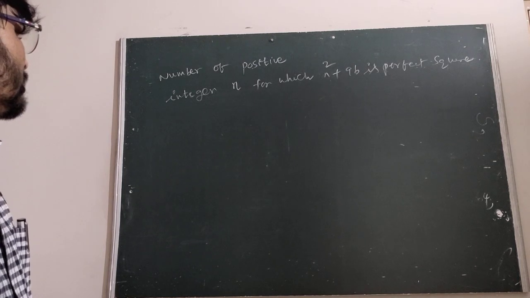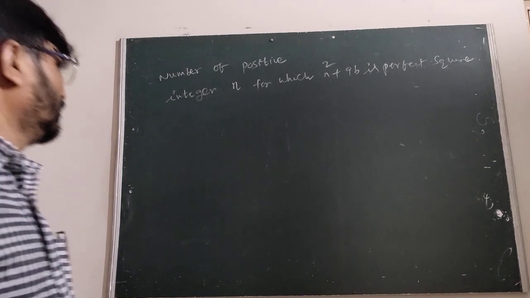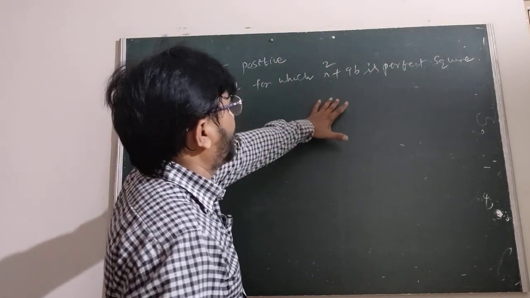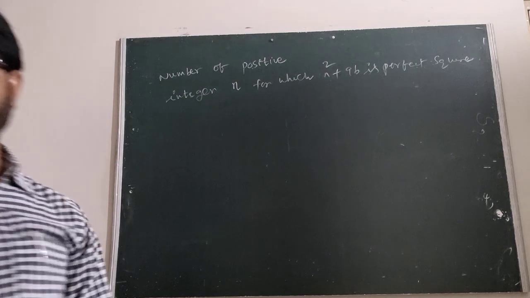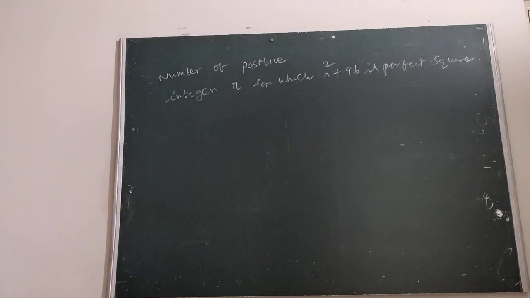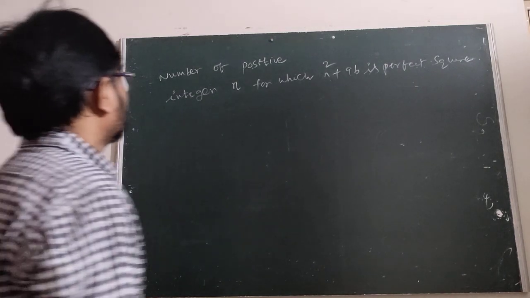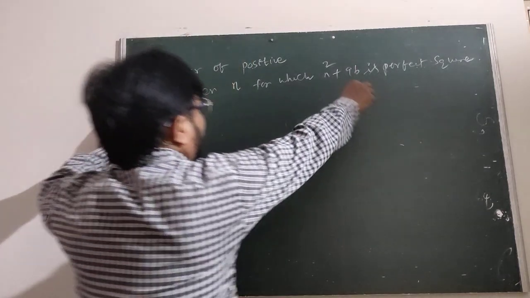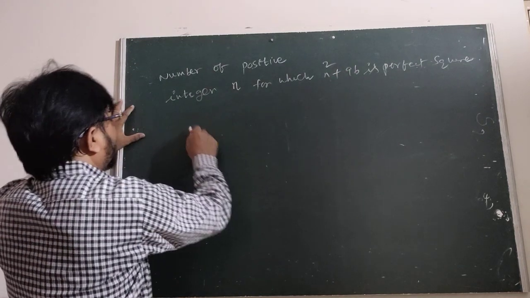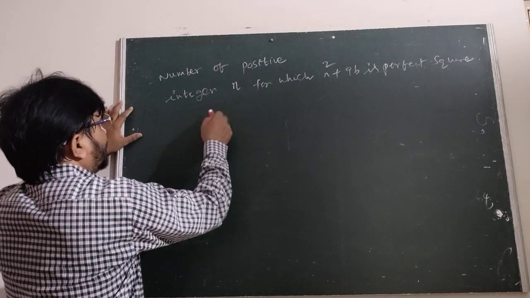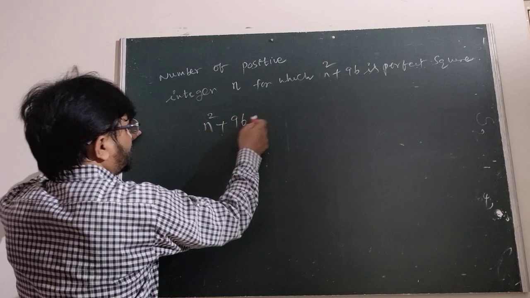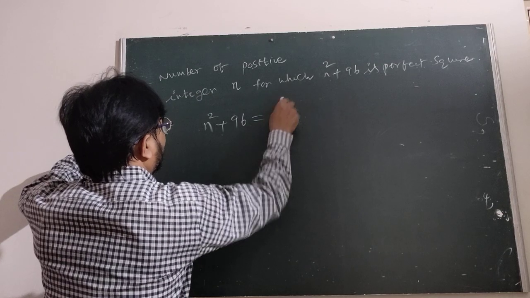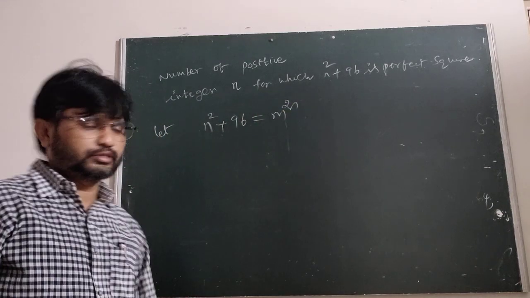Now, the number of positive integers n for which n square plus 96 is a perfect square. Here n square plus 96 must be a perfect square, say m square.